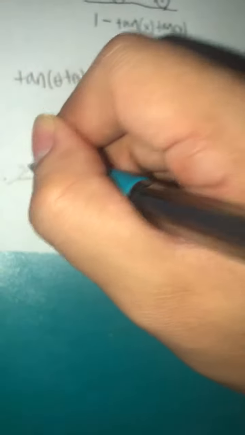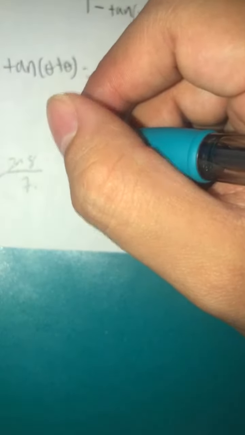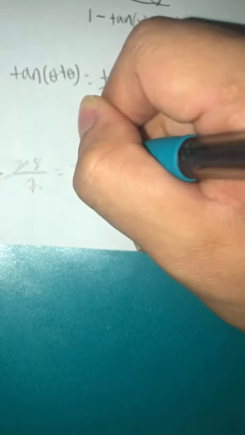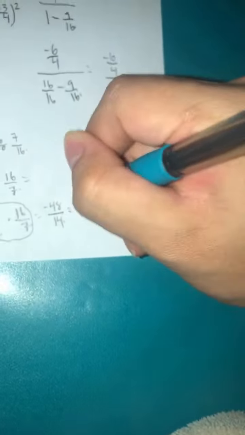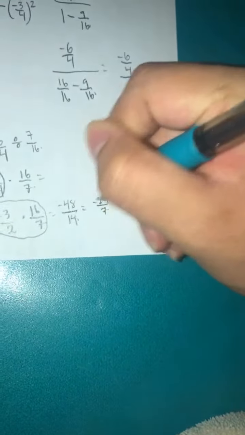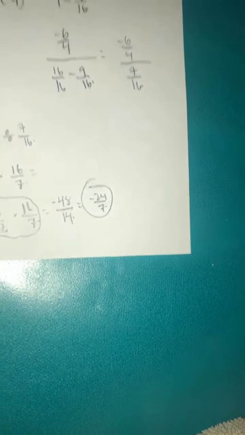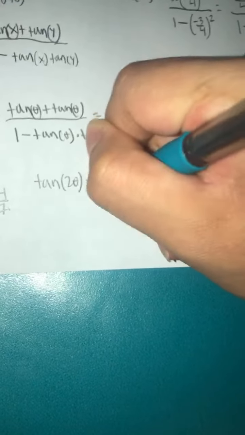This is just going to be negative 24/7. So really, this is equal to negative 24/7 if you reduce it. So tan of 2 theta is negative 24/7.